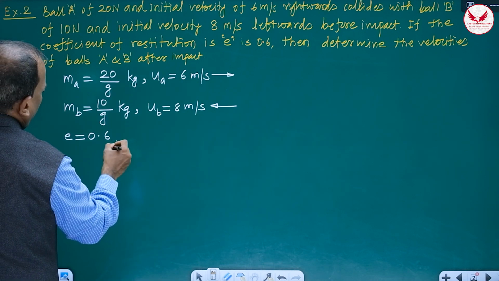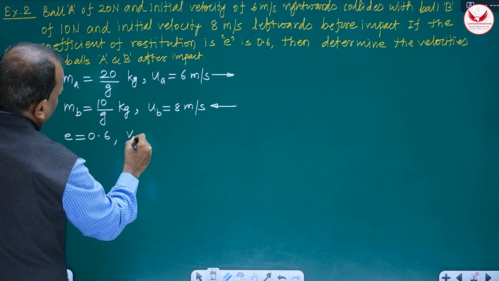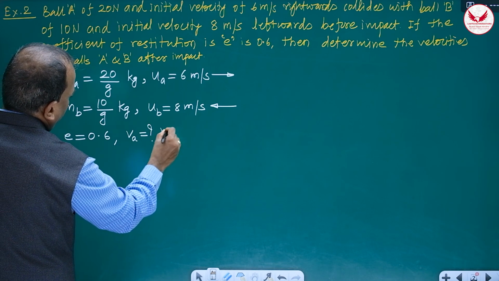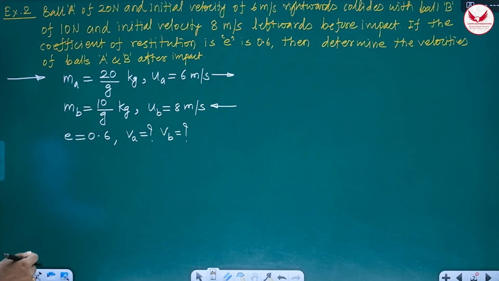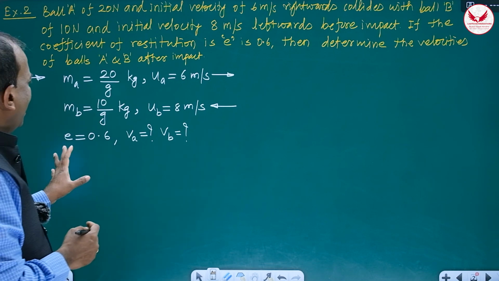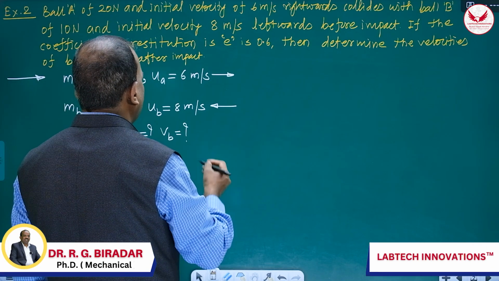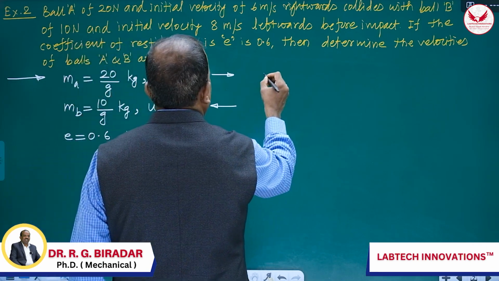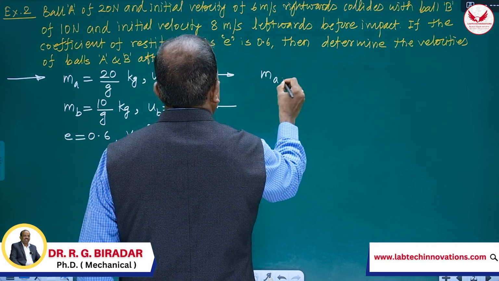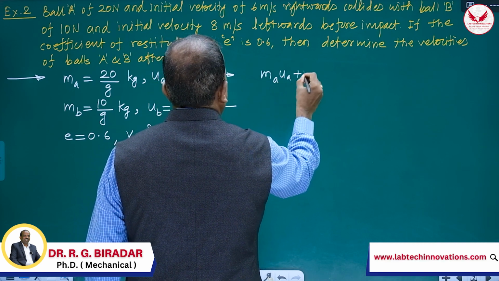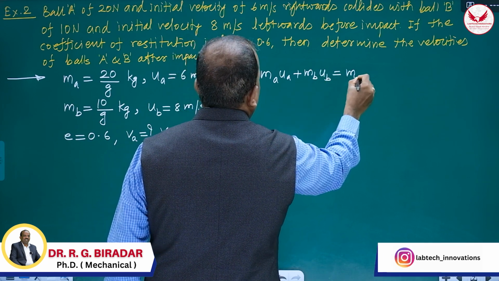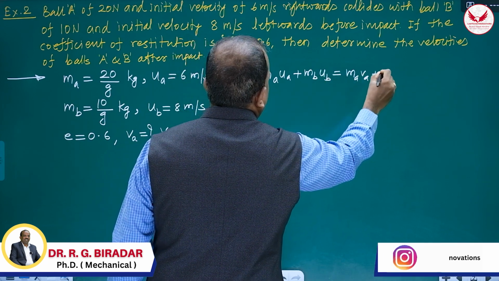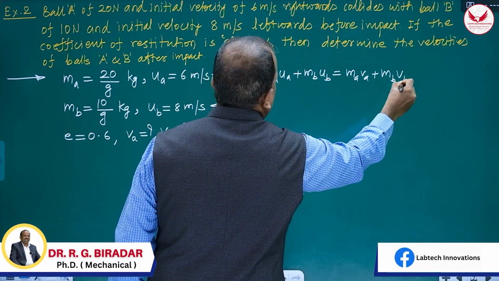Means what we have to do? We have to calculate VA and VB. So this is the data I have put from the statement. And now how easily can we get this answer? See, first, always while solving this problem, use conservation of momentum: MA UA plus MB UB is equal to MA VA plus MB VB.